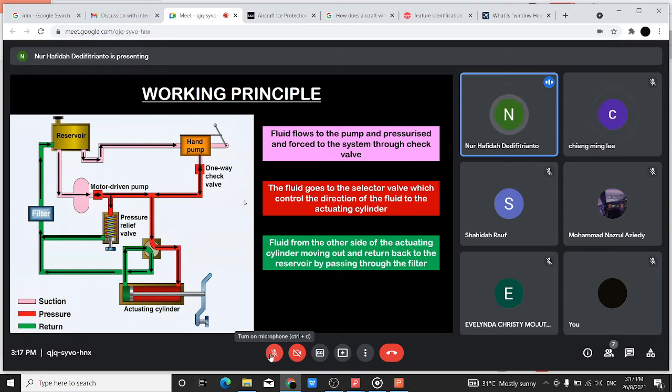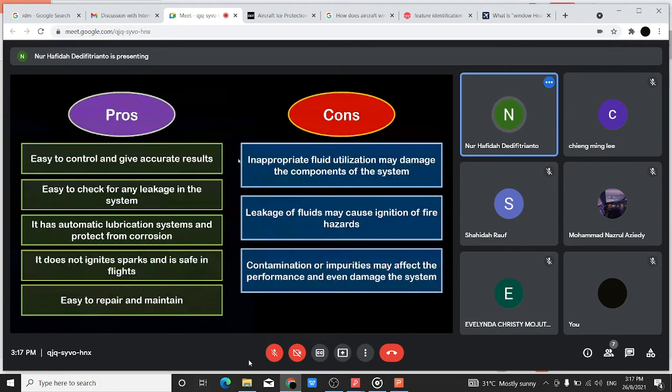I think this is the last slide for the pros and cons. The pros are that the hydraulic system is easy to control and gives accurate results because, with a suitable hydraulic fluid, it can transmit the force from the pump to the required features of the aircraft component, the same force it receives from the pump.